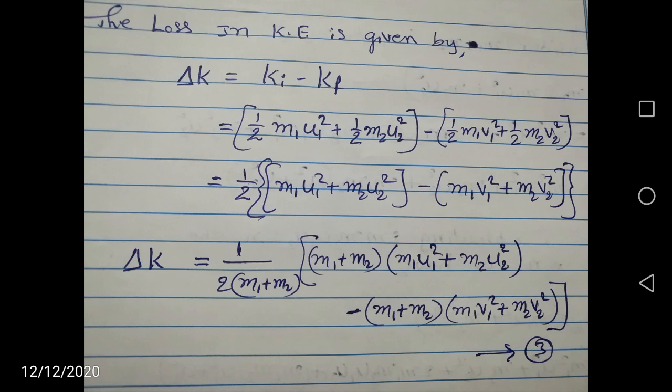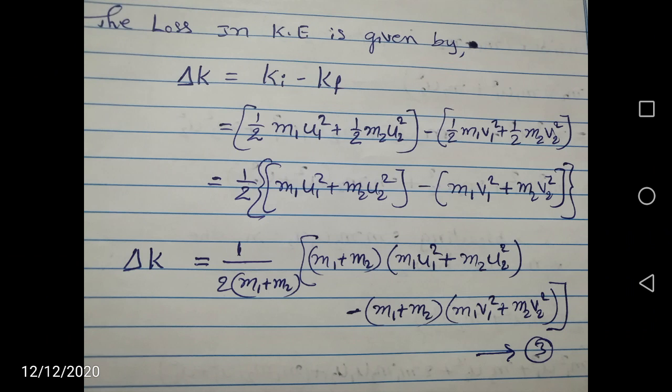Half is taken common from both the terms, and we write half of (m1 u1 square plus m2 u2 square) minus (m1 v1 square plus m2 v2 square).